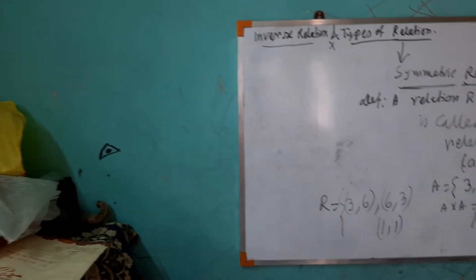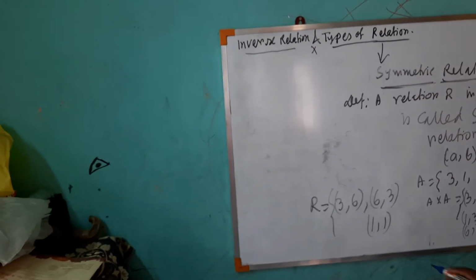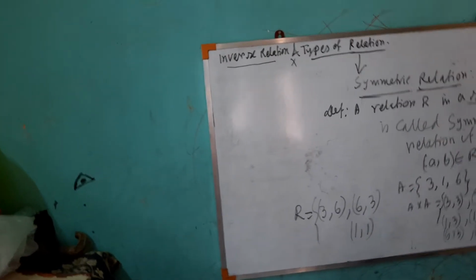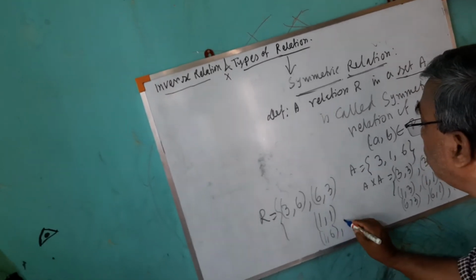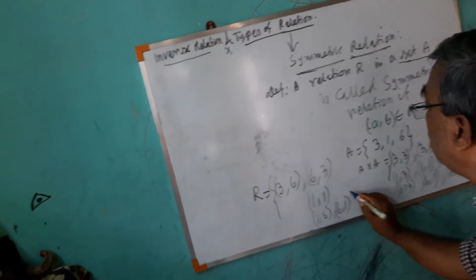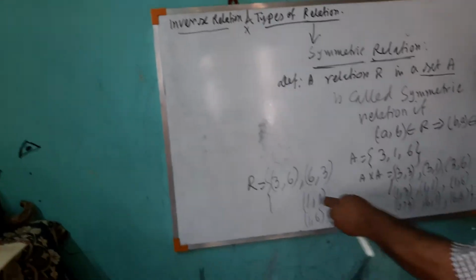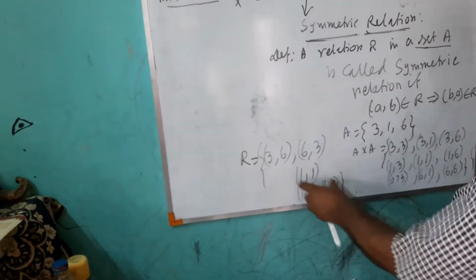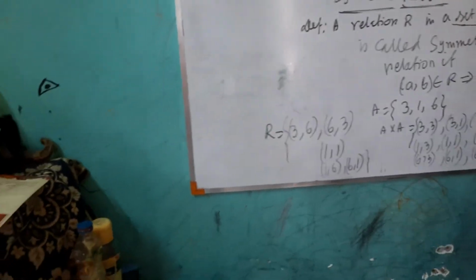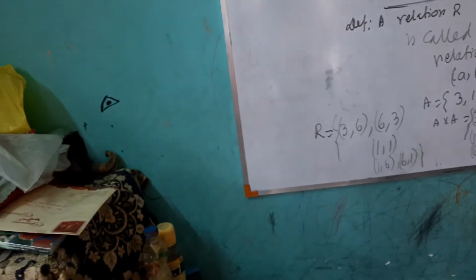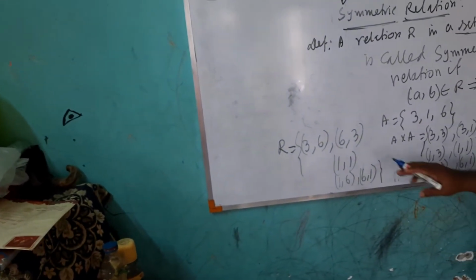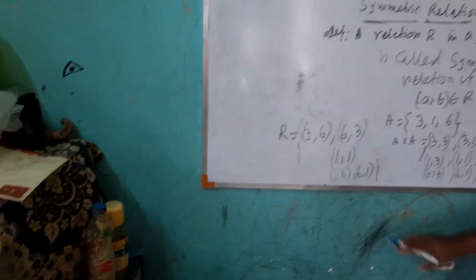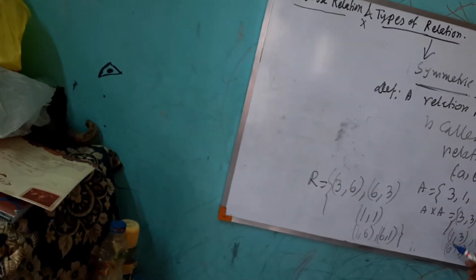And another thing, suppose I am taking (1, 6), (6, 1). And you see, from where I have taken this element, A cross A.